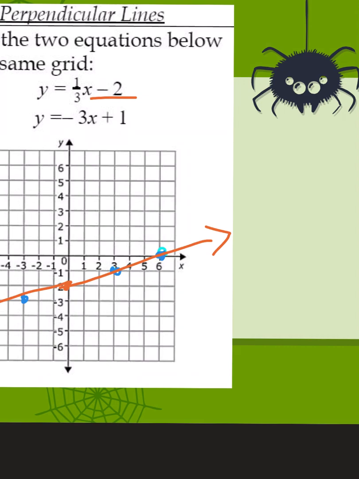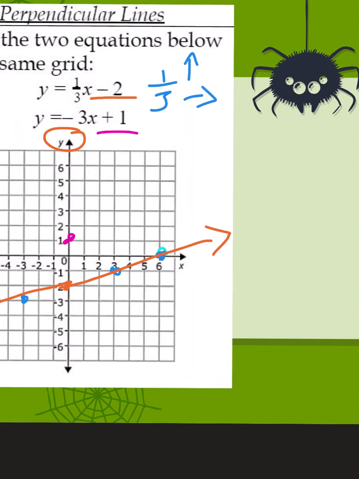So we start with our y-intercept, which is -2. We put a dot at -2 on the y-axis. I looked at my slope, which was 1/3. So I went up 1 and to the right 3. So I'm going to repeat that process for this other one. I'm going to start with my y-intercept, which is +1.